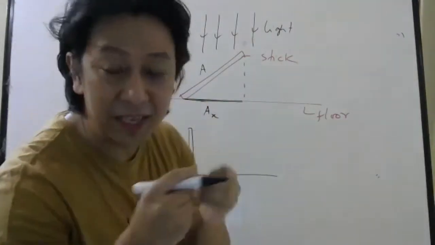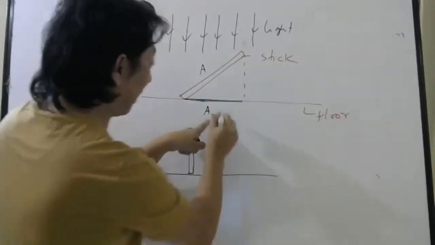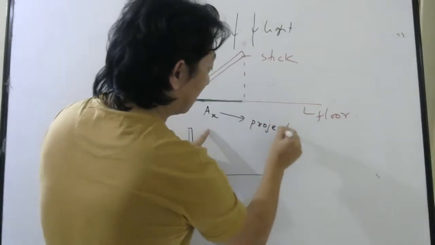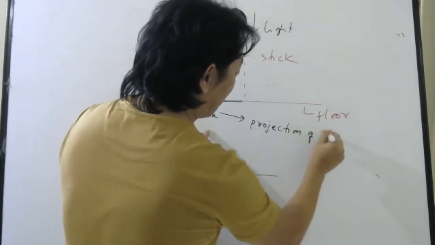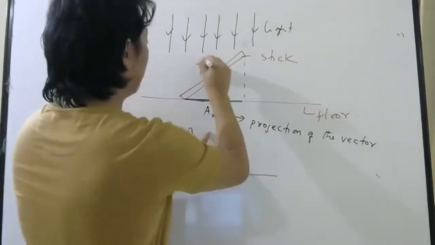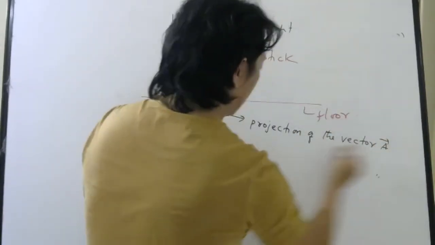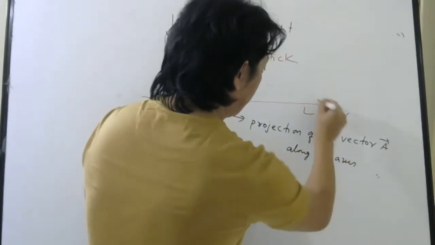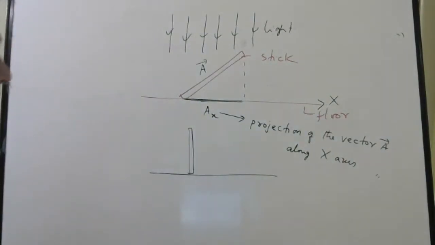In many textbooks, they write this x component of A bar as the projection of this vector along the x-axis.